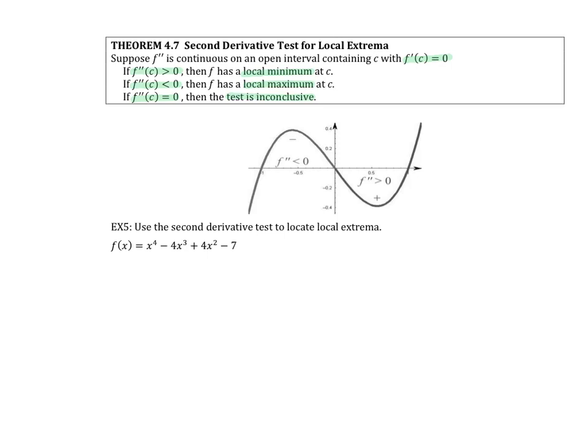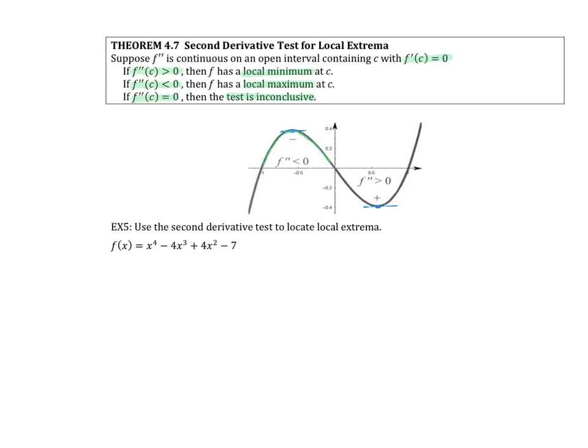So for example, let's look at this graph. We have these 2 points where the derivative is 0. So notice that the concavity is down. So since the concavity is down, the second derivative is negative.